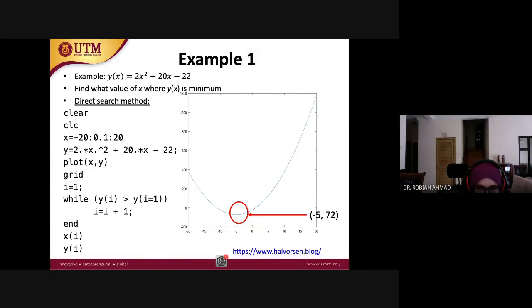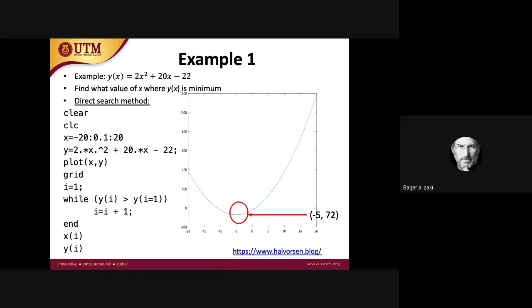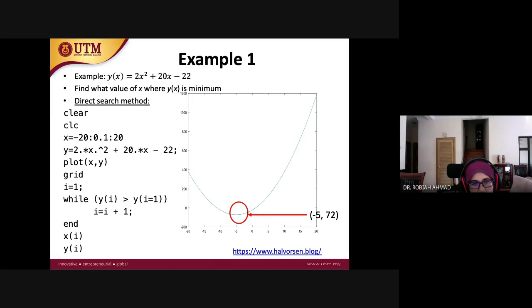Why 72? I don't know. So x is 0, and y is 0 or 72? I don't know.